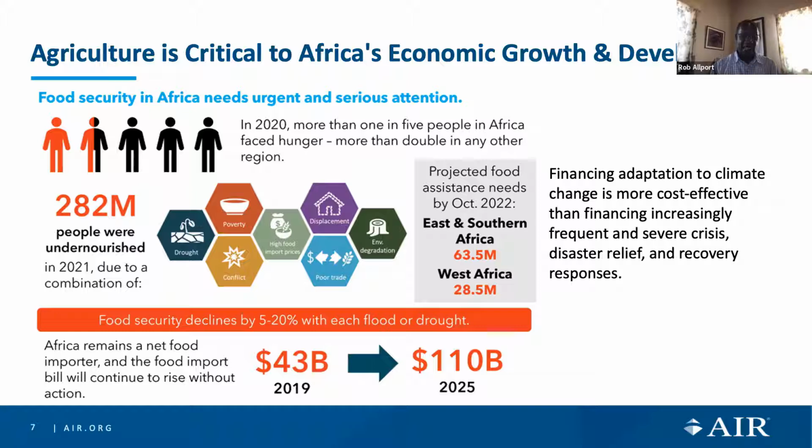Hence, the food import bill is continuing to rise. If it continues in that trend without action, then the figures that the UN reported in 2021 will increase, with even worse undernourishment, and probably even the death of human beings.